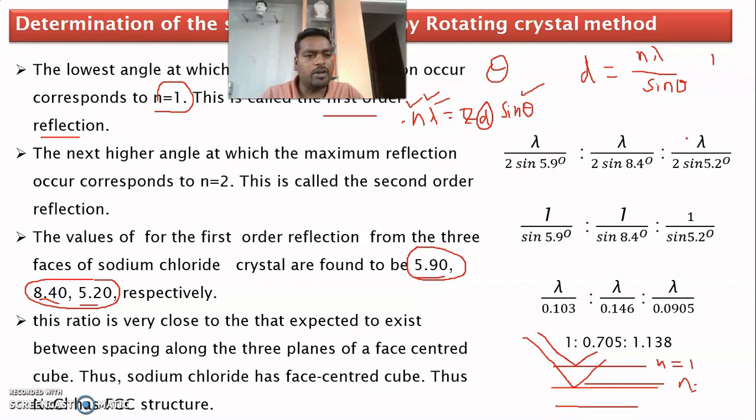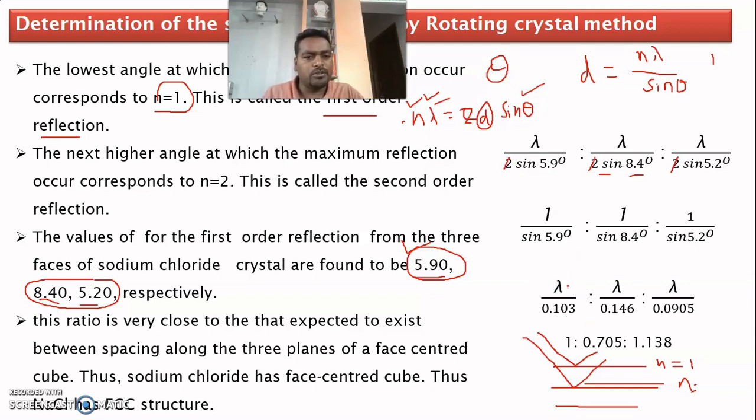If you substitute the values in this equation, it becomes lambda divided by 2 sin 5.9, lambda divided by 2 sin 8.4 degrees, and lambda divided by 2 sin 5.2 degrees. If you simplify, everywhere 2 is there, so the common term gets cancelled.